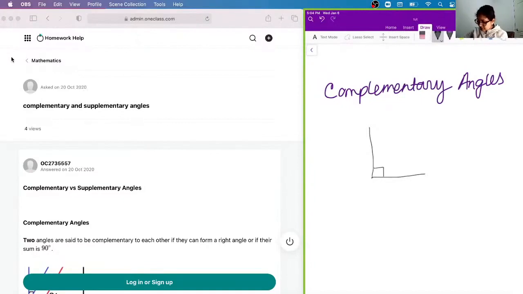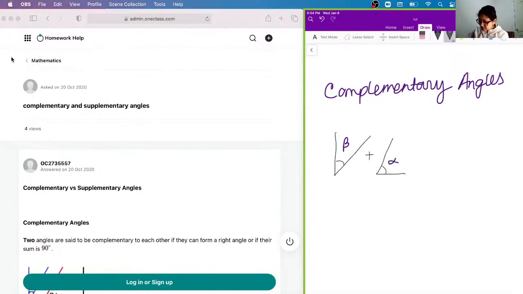To get this, you're going to have two acute angles. Let's say this is beta, and we have another acute angle here, let's say this is alpha.